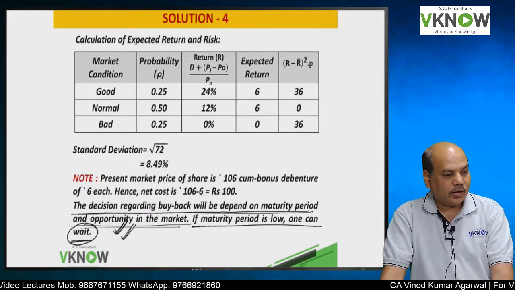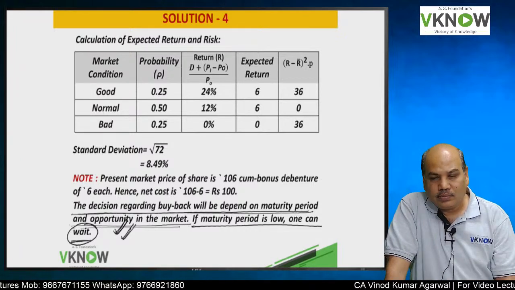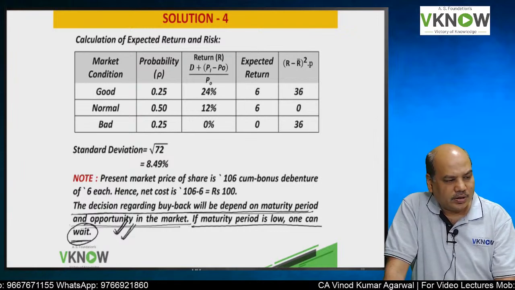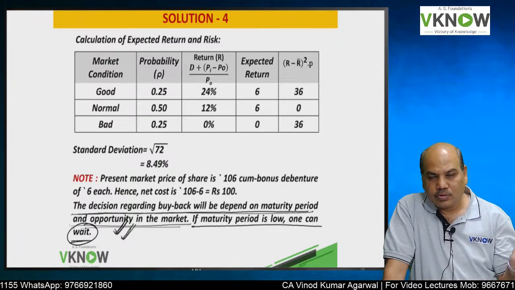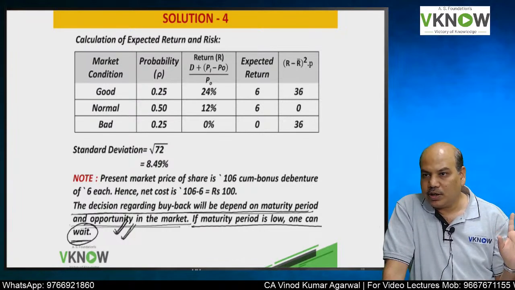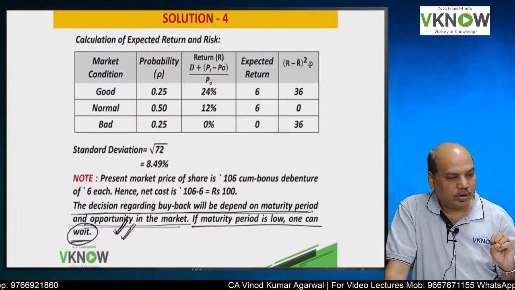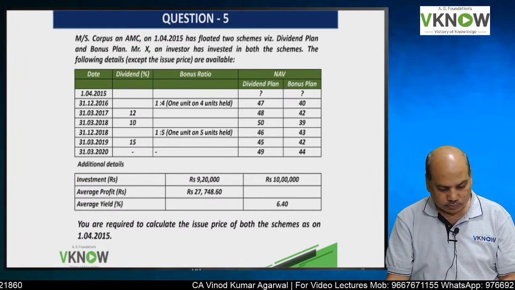If the maturity period is 6 months, 9 months, 1 year for debenture, then maybe you can wait and get 10% return. So if the opportunity rate is very high, go for buyback. If maturity period is very high, go for buyback. But if maturity period is low, you can wait. So that was the answer of this question.